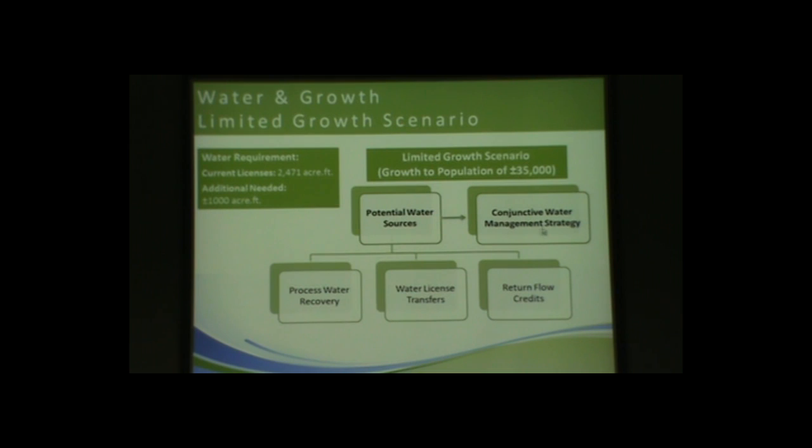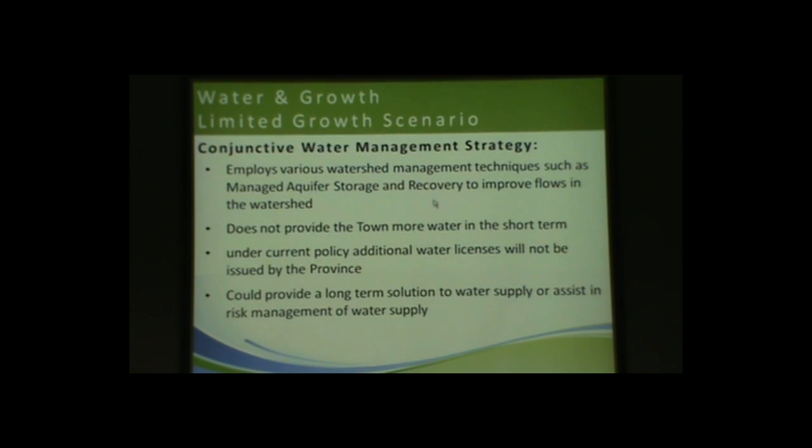There's a conjunctive water management strategy that we don't look at as a potential source of water, but it is a strategy that should be implemented by the town, whether we're looking at a limited growth or an unlimited growth strategy. Basically, it's various watershed management techniques that can be used to improve flows in the watershed.